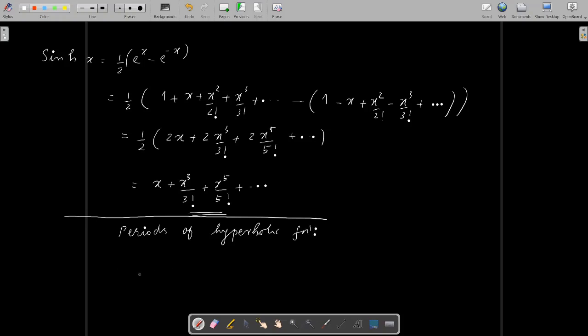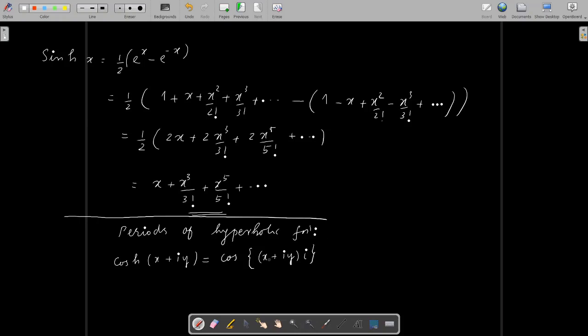Okay, for that we write cos h of x plus iy, that is equal to cos of x plus iy times i, because we know that cos iy is same as cos hy.